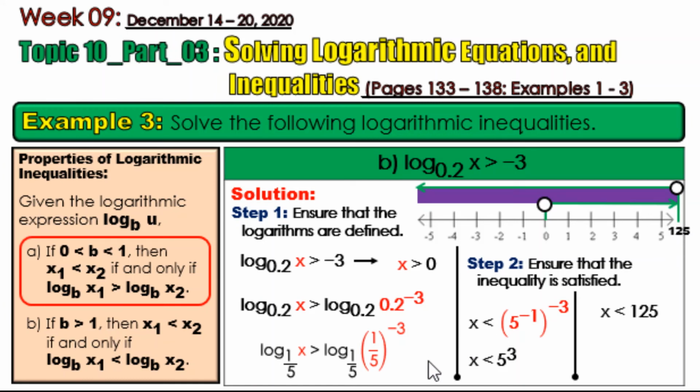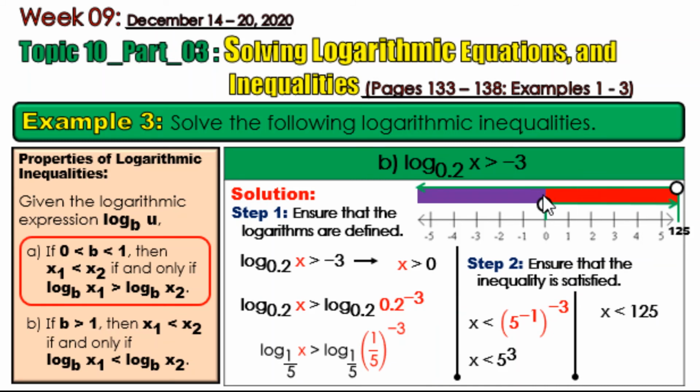But earlier we discussed that x must always be positive, or x must be greater than 0. So therefore we will be considering the intersection of x is less than 125 and x is greater than 0, and that would be this red one.